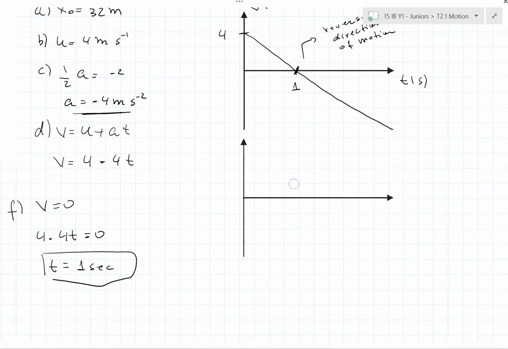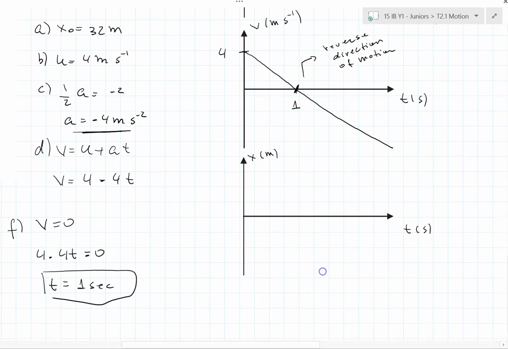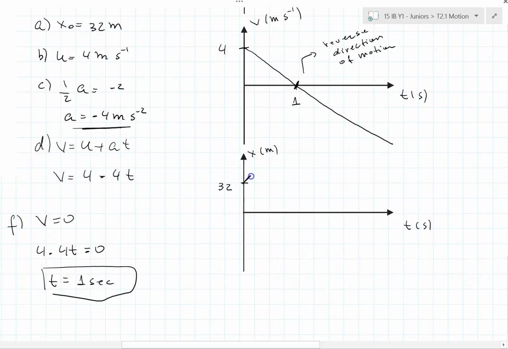Finally, my position graph, x in meters versus time in seconds. My position graph will start at 32. Because my velocity is initially positive, my graph will start going up, but this velocity is approaching 0.